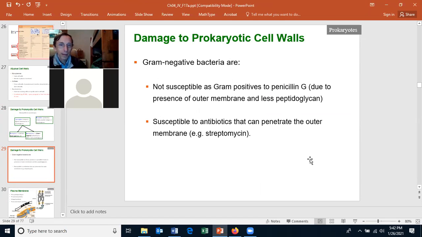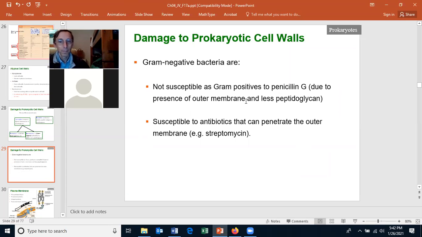The gram-negative bacteria generally are not damaged as easily as the gram-positive cell, and that's because they have an outer membrane which can help protect the gram-negative cell. And one example is penicillin G. It works on gram-positives because it can get through the cell wall and then damage the peptidoglycan.